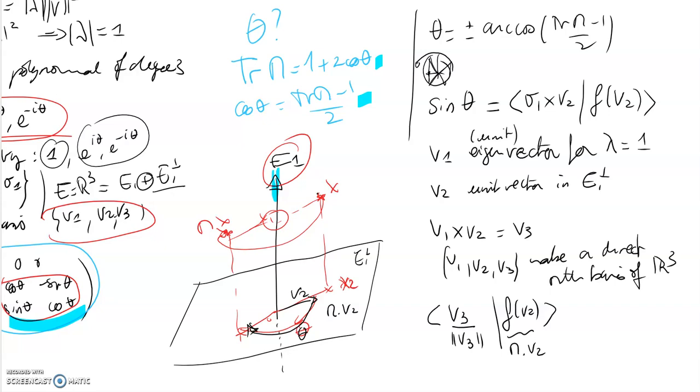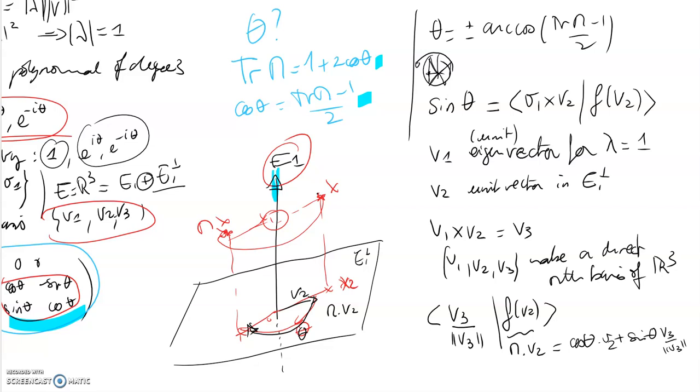You get a vector that can be written as cosine theta times V2 plus sine theta times V3, since we made our direct basis. Assume V2 and V3 have been normed.